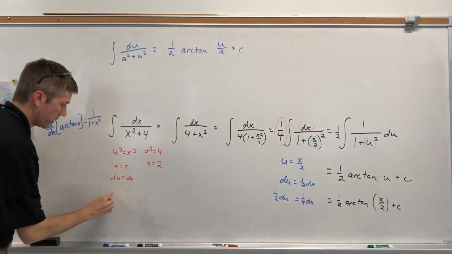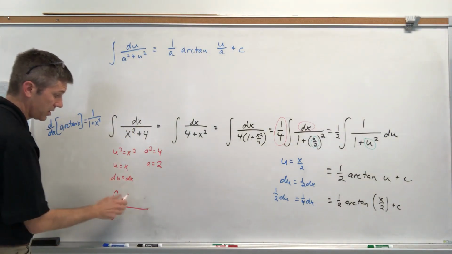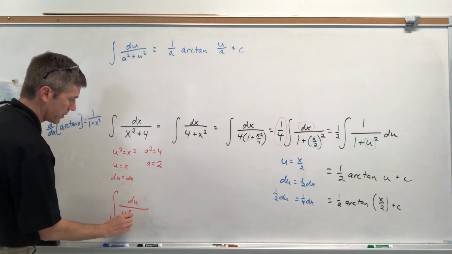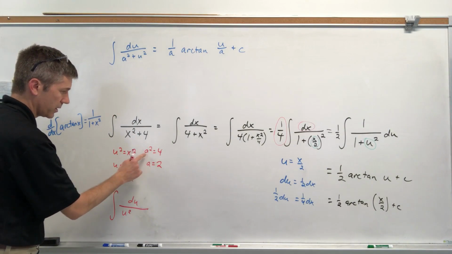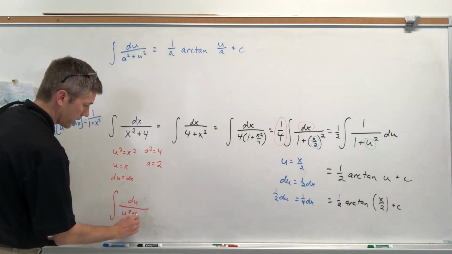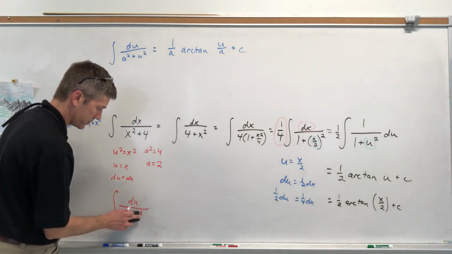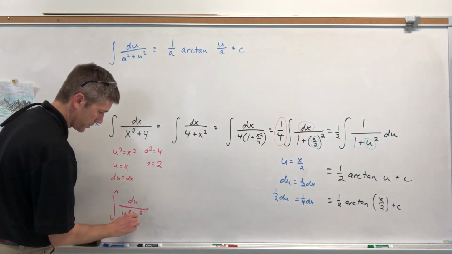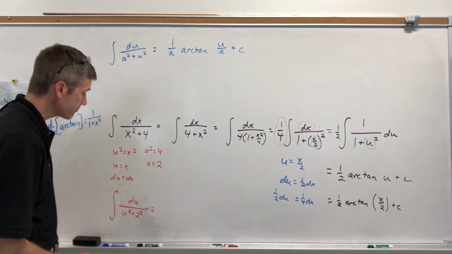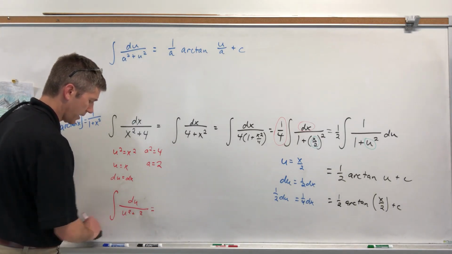So what I have is the integral of, well, dx is du, x squared is u squared, 4 is 2 squared, so that's a squared. Let's leave it as an a squared.